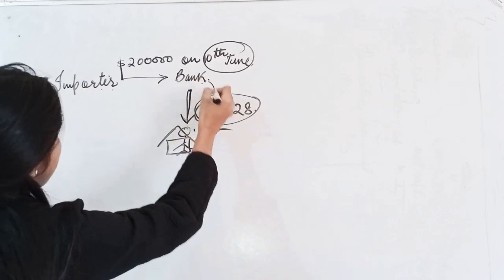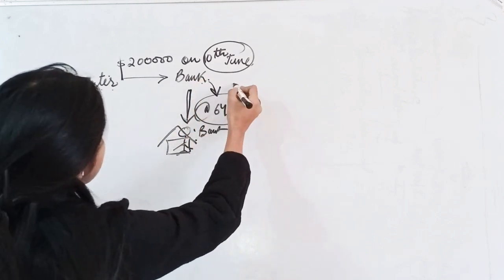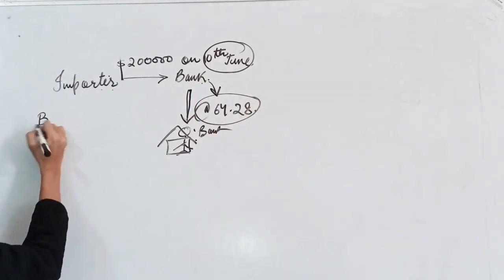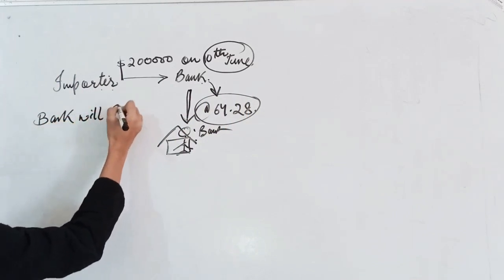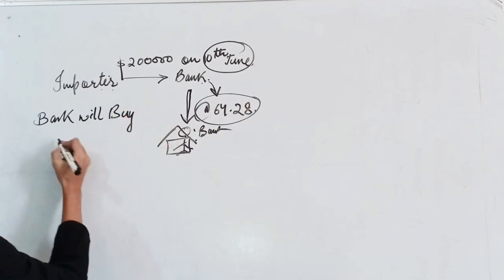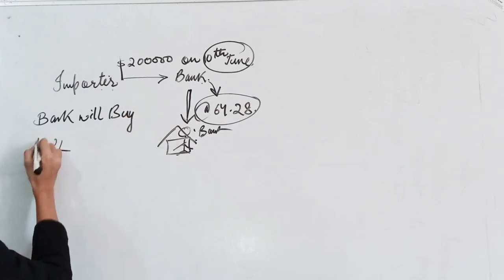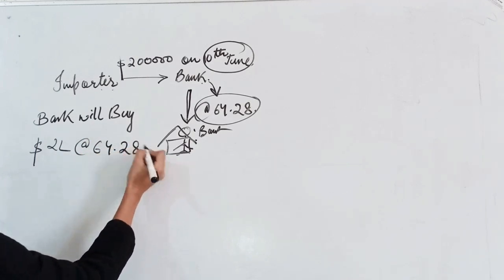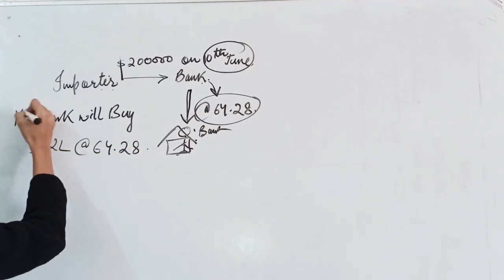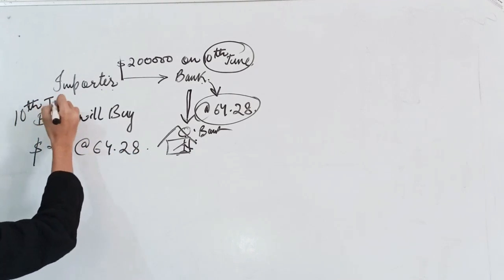So the bank will buy $2 lakh at the rate 64.28. On when? On 10th of June, on the agreed date.